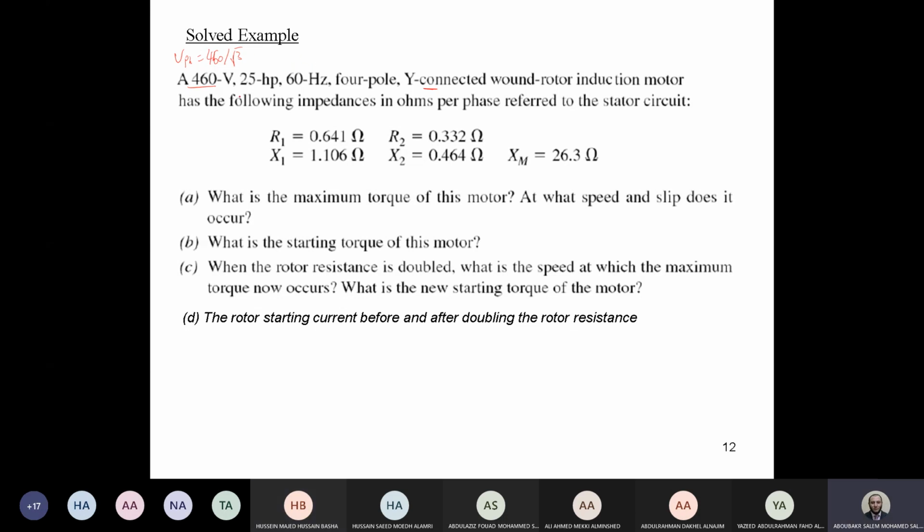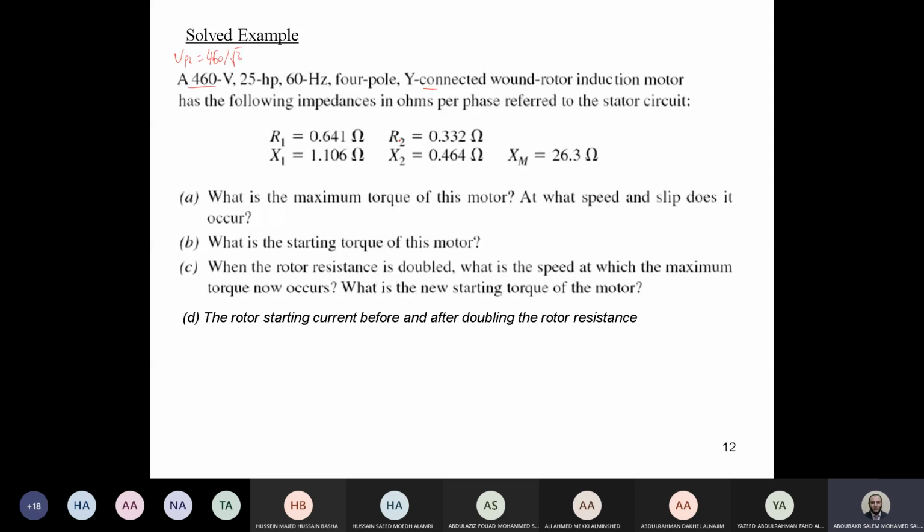Now, 25 horsepower is considered as the output rated power. 60 hertz, 4 poles, star connected wound rotor induction motor has the following impedances in ohms per phase, referred to the stator circuit. So all are referred to the stator side.